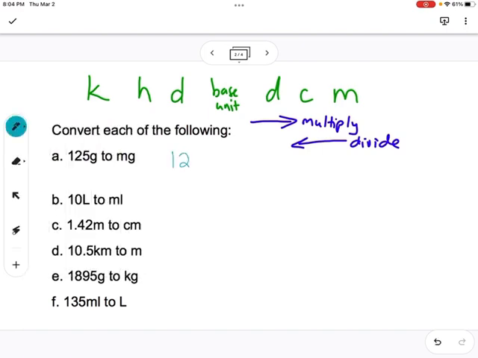Starting with 125, our decimal is actually directly after the 5. And like we said, we're going to move our decimal 1, 2, 3 over. The new decimal is going to go here. So that makes it 125,000 milligrams.